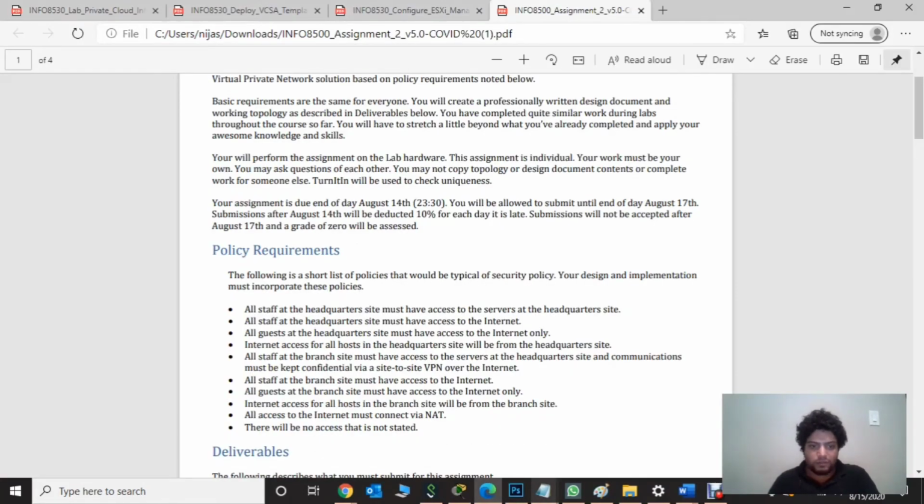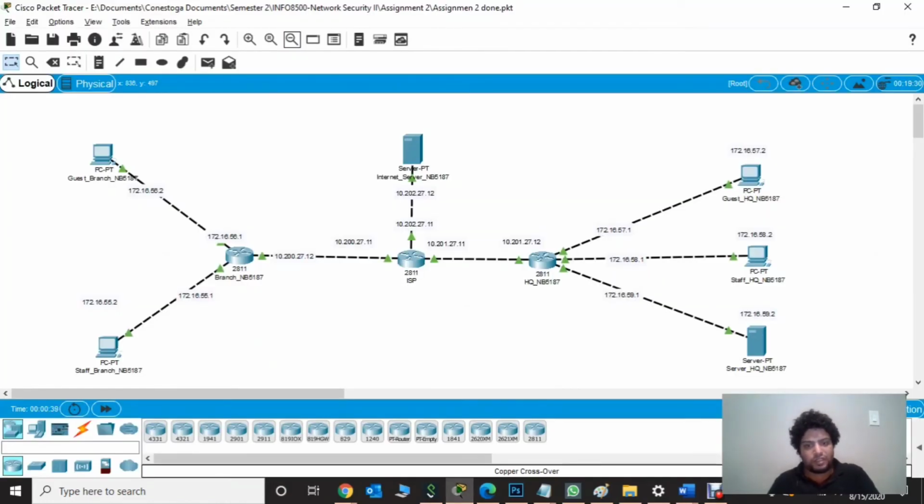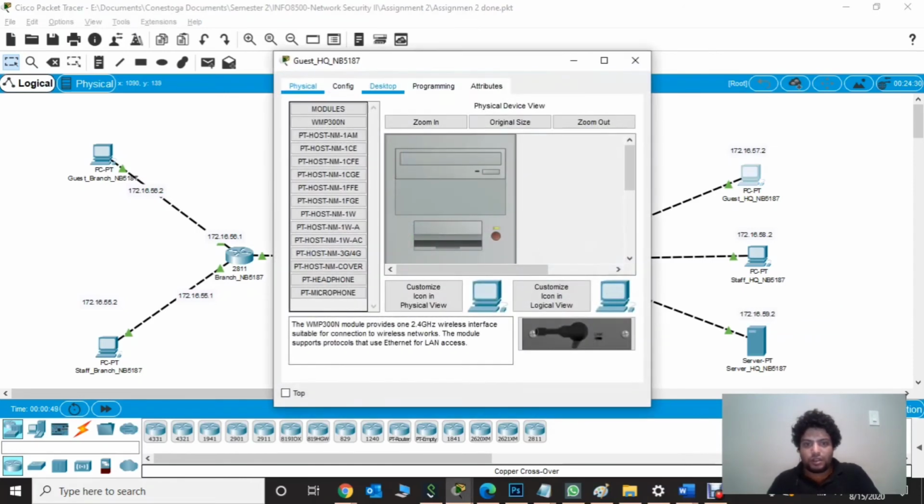The next requirement says that all the guests at the headquarters must have access to the internet only. That means the guest should not have access to any other nodes or points. We have seen how the guest is accessing the internet. Let's see if the guest can access the server in the same site.